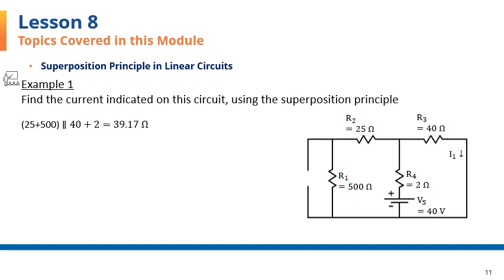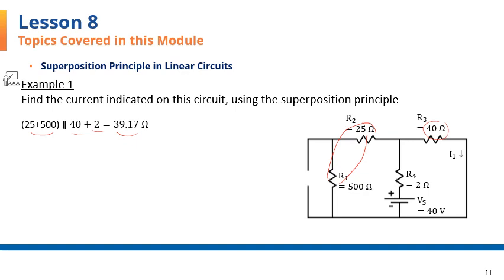I have it in this equation, 25 plus 500 for this branch in parallel with 40 and in series with 2. The equivalent resistance comes to 39.17 ohms.